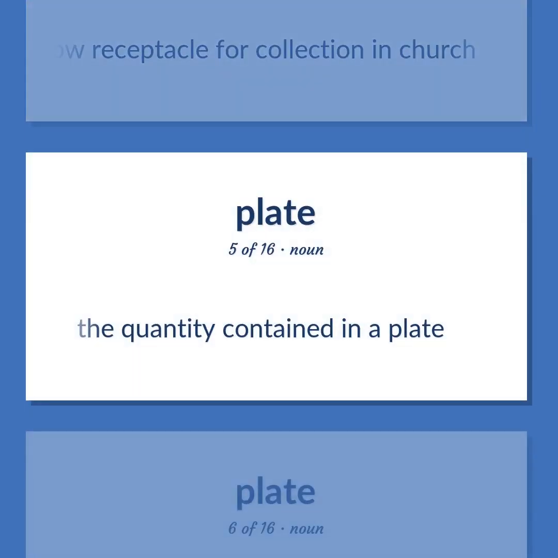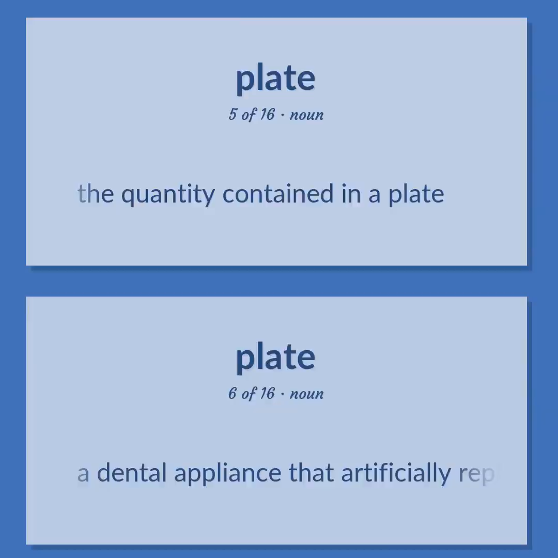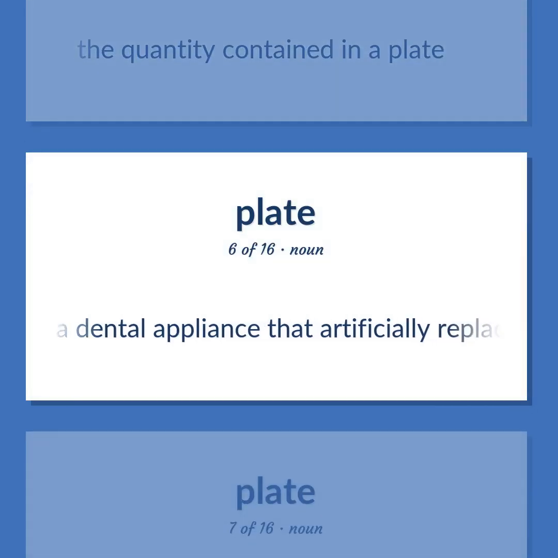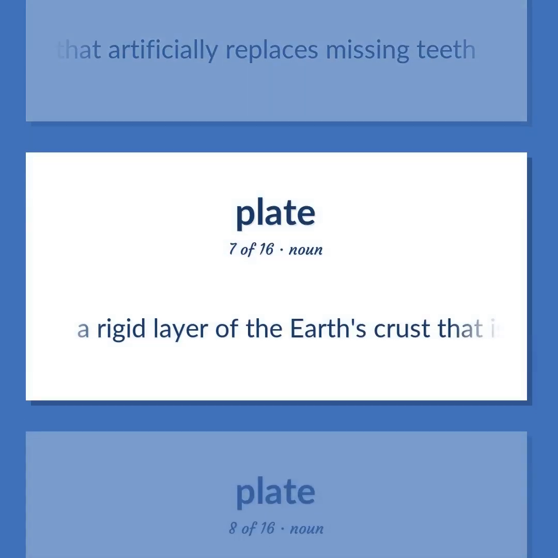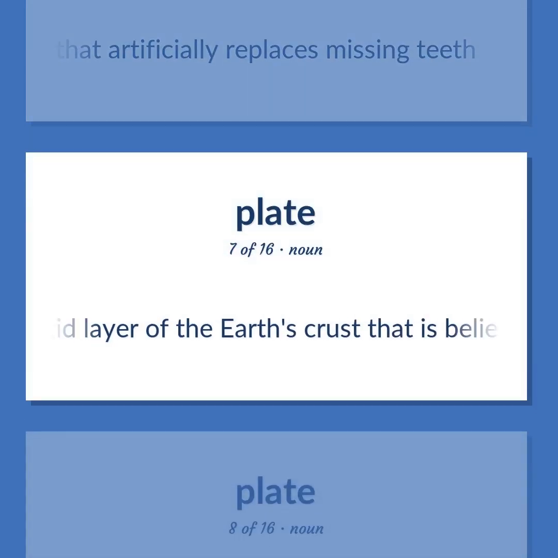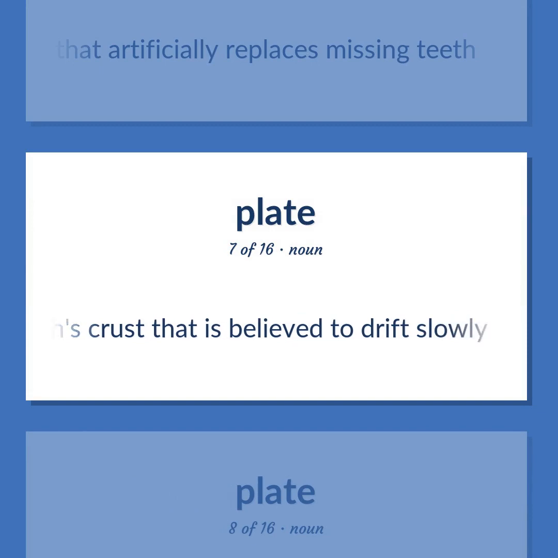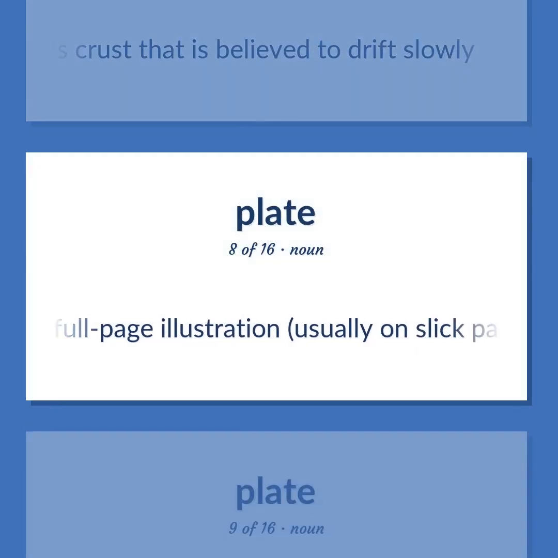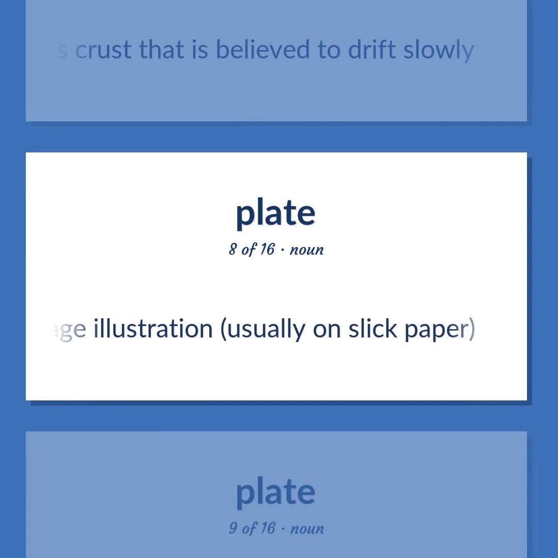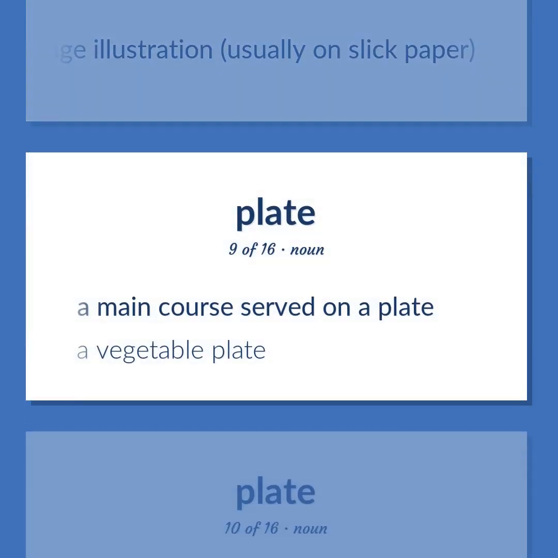The quantity contained in a plate. A dental appliance that artificially replaces missing teeth. A rigid layer of the Earth's crust that is believed to drift slowly. A full-page illustration, usually on slick paper. A main course served on a plate.